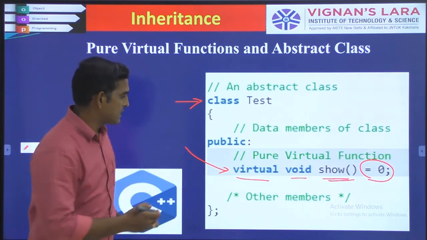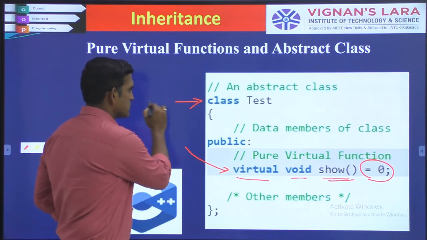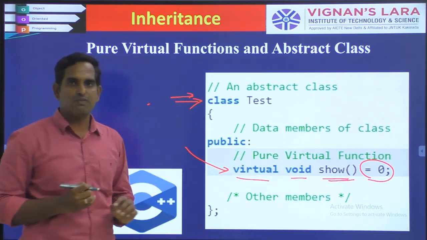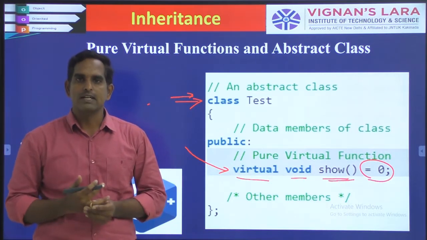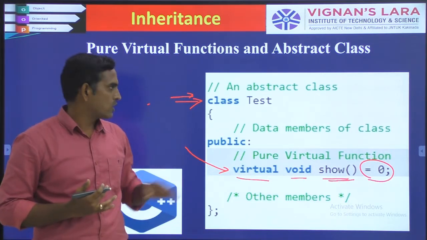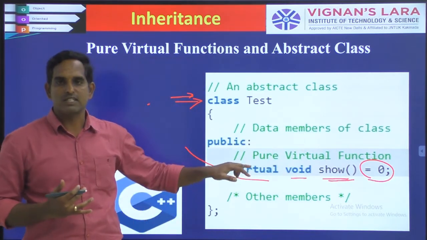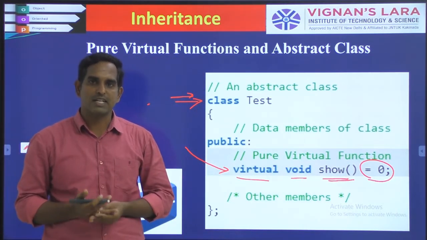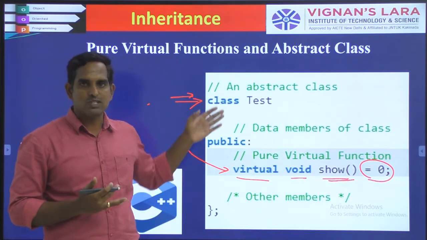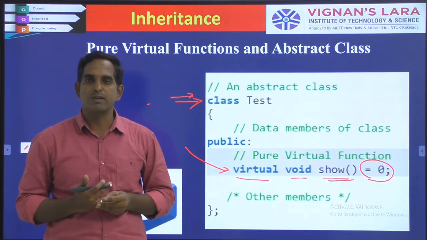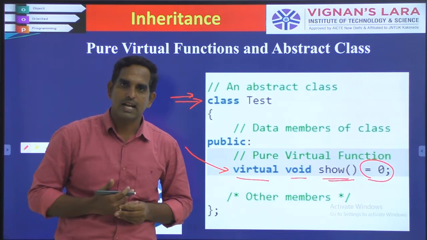And a class which contains a pure virtual function, we call an abstract class. Why? Because these pure virtual functions are otherwise called abstract functions, and any class which contains an abstract function we call an abstract class.